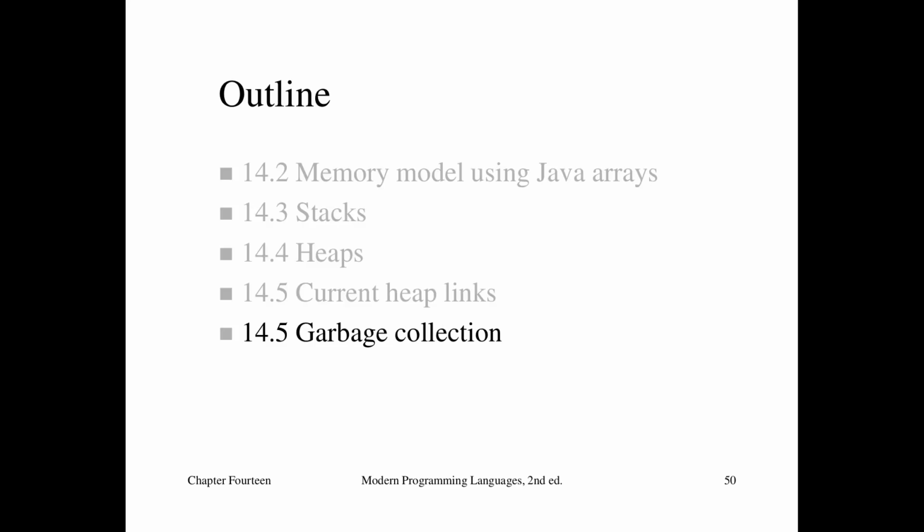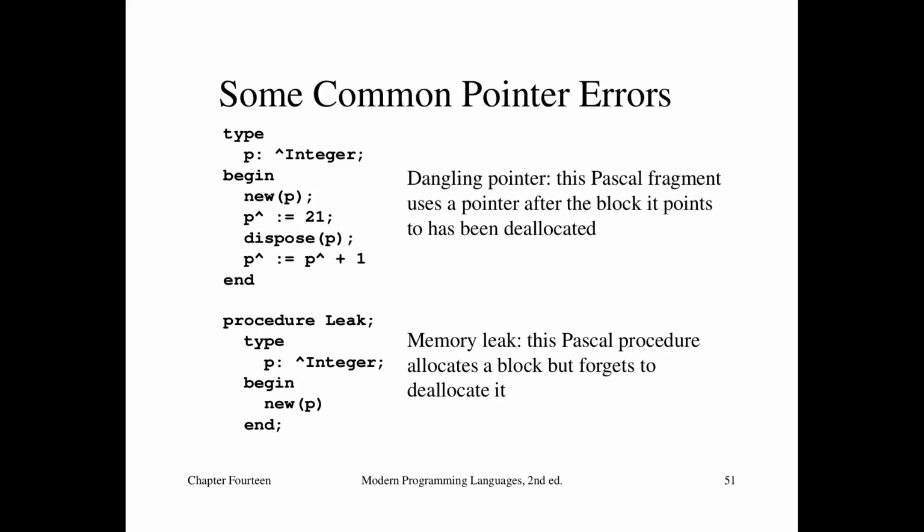Finally, that leads us to the last concept, which is garbage collection. Typically, if you have pointers in C++, or even Pascal, you can get what's called the dangling pointer problem. In C++, we can free a pointer that we've previously allocated, and then you can still have that variable around.